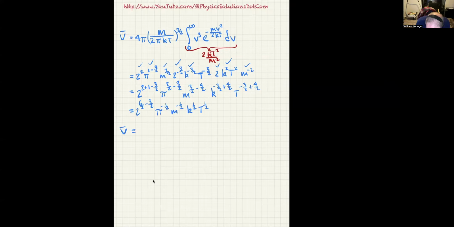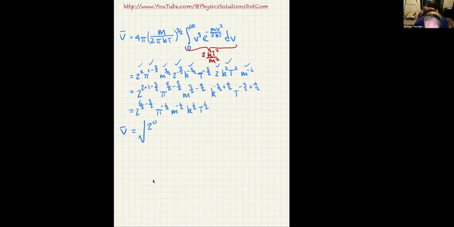V bar is equal to, notice all of them have a fraction of 1/2 in it. That means a square root. So I'm going to write the square root here. But as I said, this 2 to the 6 halves minus 3 halves is going to be just 3 halves. So that is 2 to the 3rd under a square root.